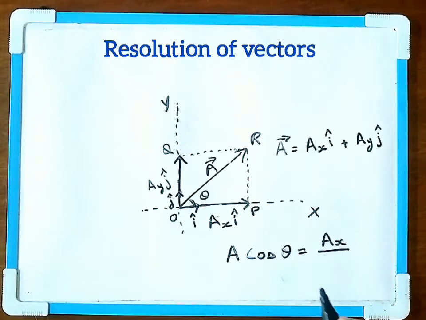So this is the magnitude of the horizontal component, and it is equal to a cos theta.